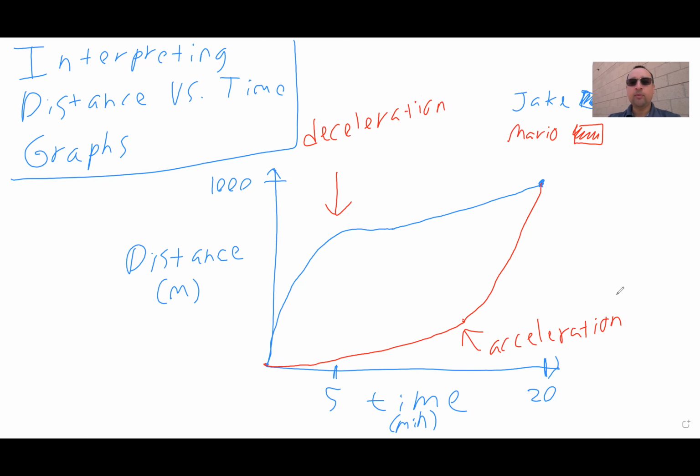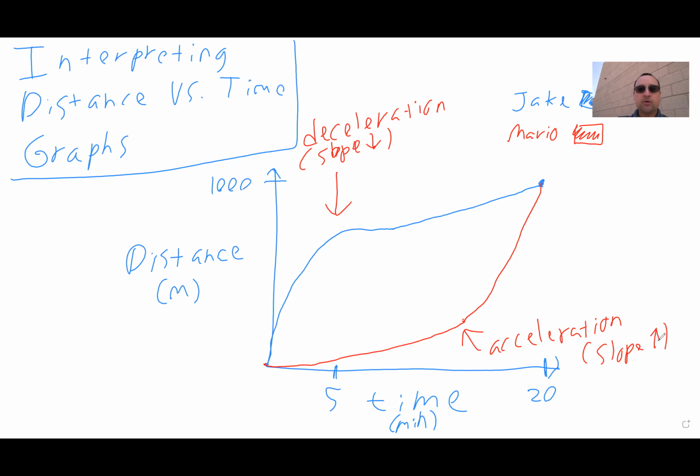Okay, and we can tell that we have deceleration because the slope is decreasing. The slope of the line is going down. The slope of the curve is going down. Okay, and we can tell we have acceleration because the slope of the curve is going up.